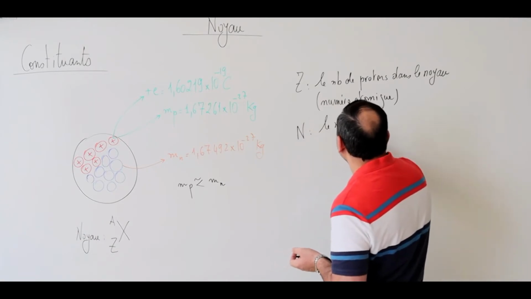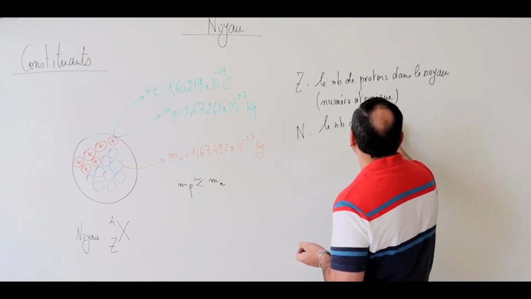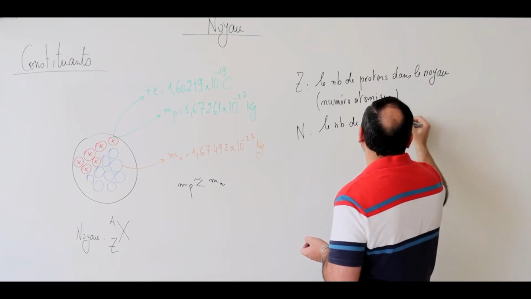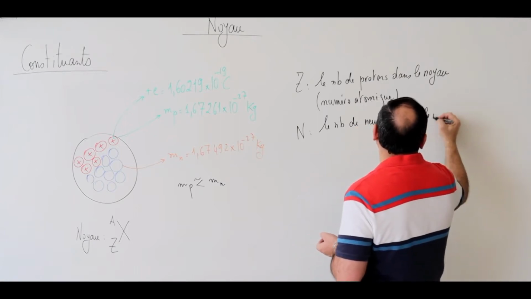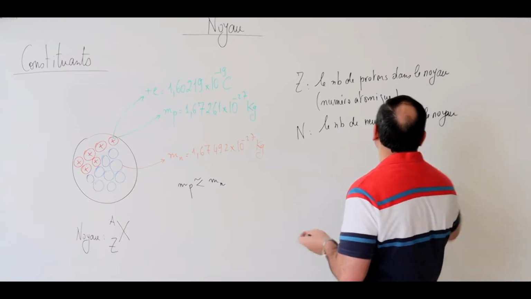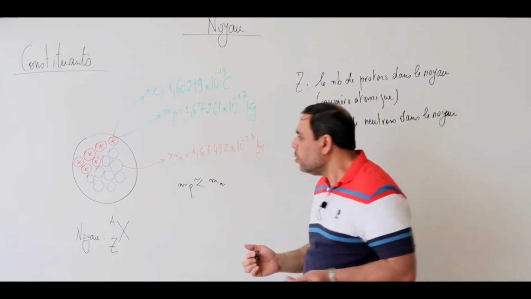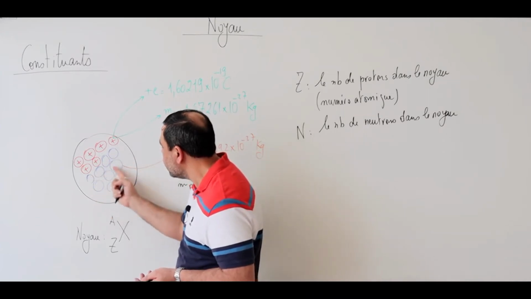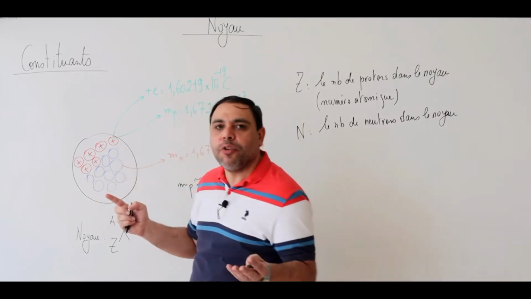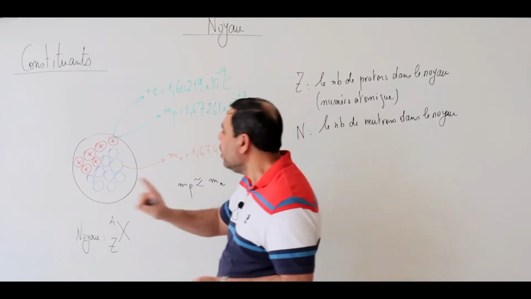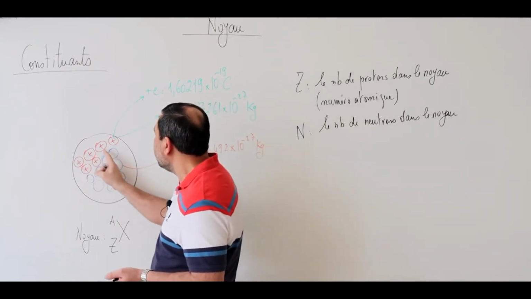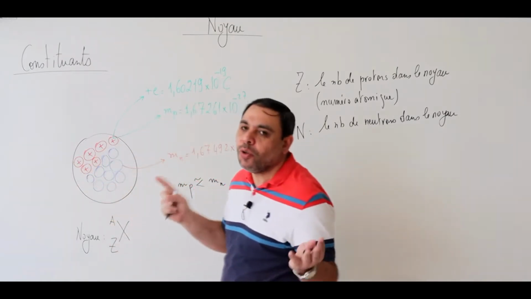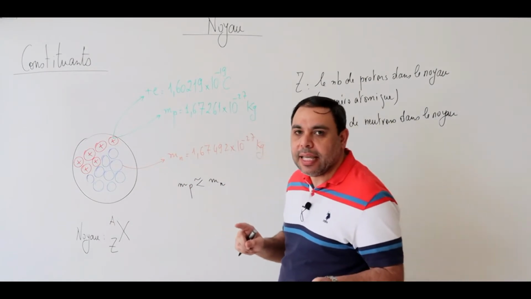N is the number of neutrons in the nucleus. In this nucleus, for example, we have 9 neutrons. Hence, N equals 9. And we also have 6 protons, so Z equals 6.